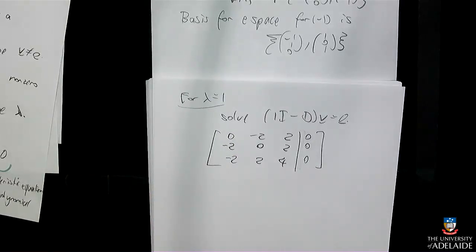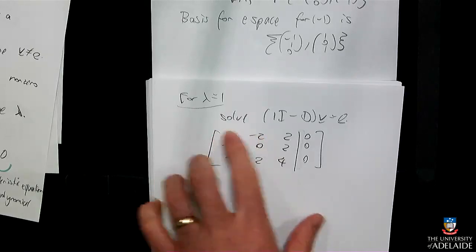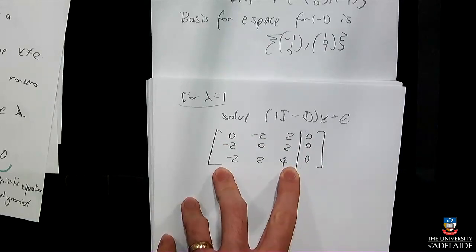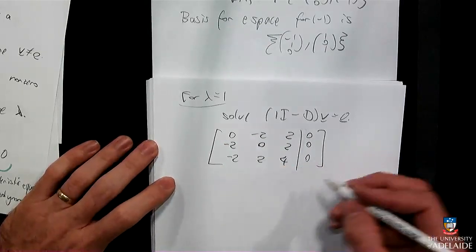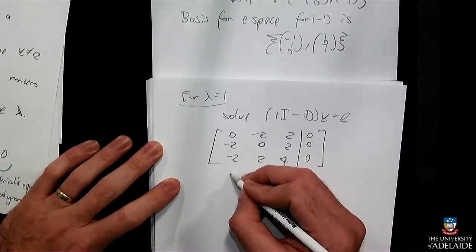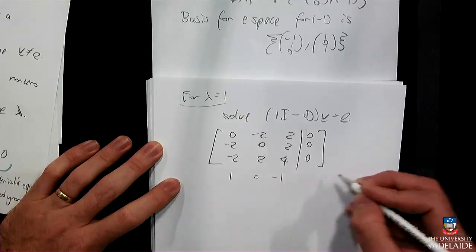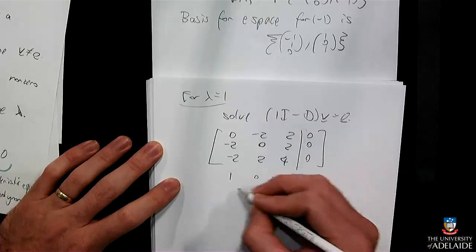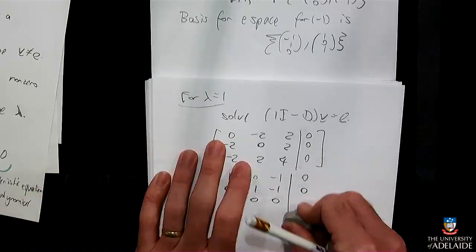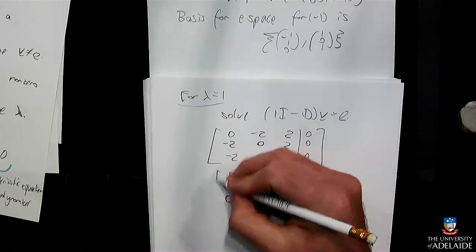This REF is going to be a little harder to just write down. But I do notice that this row plus this row is equal to that row. And so I can probably do this, like that.